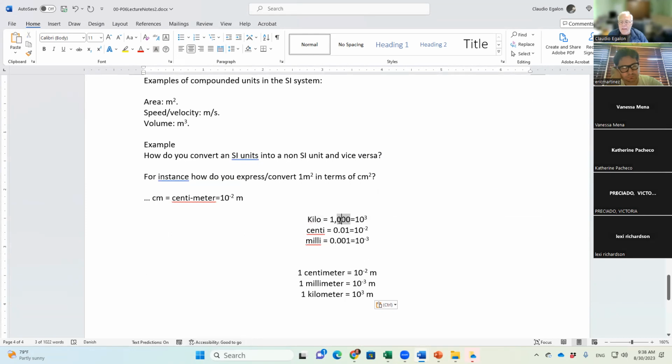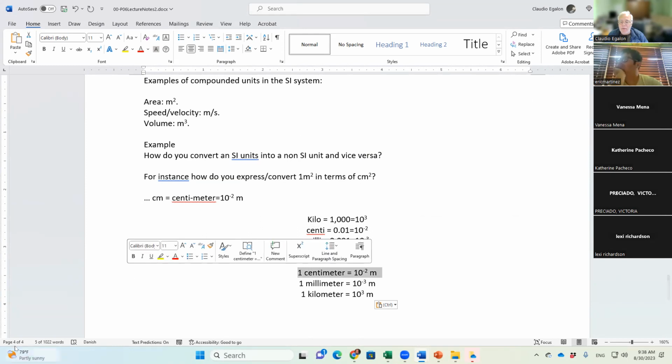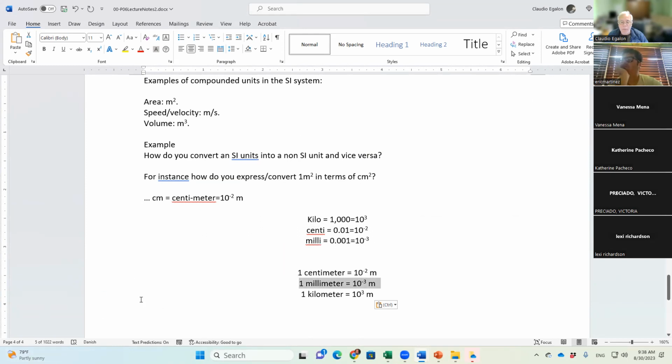Kilo stands for 1,000, 10 to the cube. Centi stands for 1 divided by 100. Milli, 1 divided by 1,000. So 1 centimeter stands for 10 to minus 2 meters. 1 millimeter stands for 10 to minus 3 meters, and so on. So I want you to tell me, how do you convert 1 meter square in terms of centimeter square?